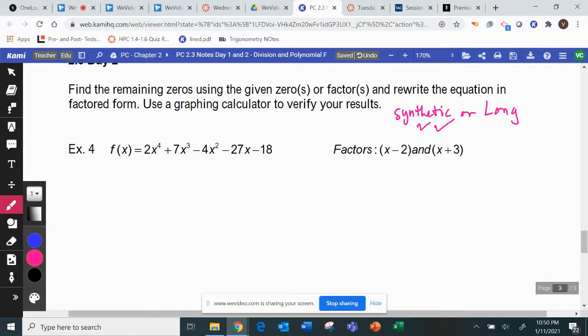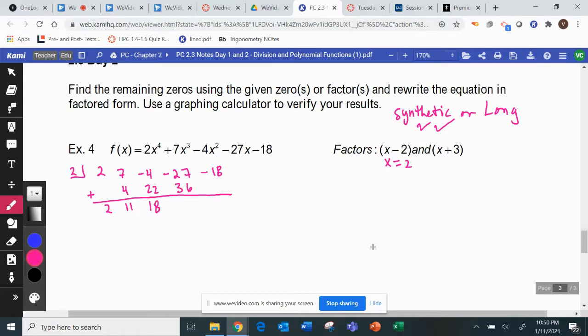We're going to start with x minus 2. My box number is going to be 2. I'm going to write the coefficients: 2, 7, negative 4, negative 27, negative 18. So I'm going to add. We get 2, 4, 11, 22, 18. I get 36.